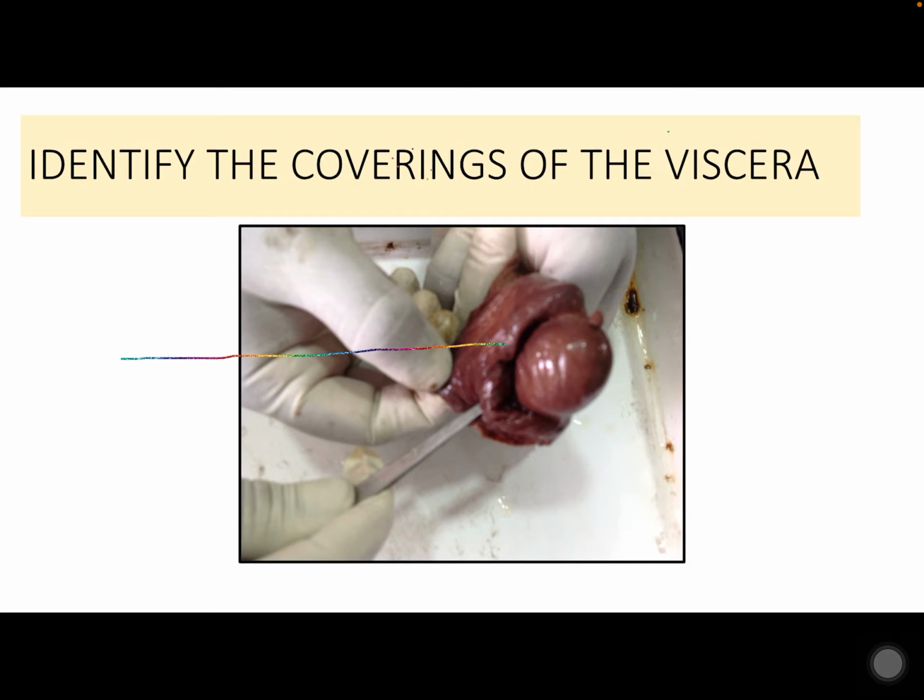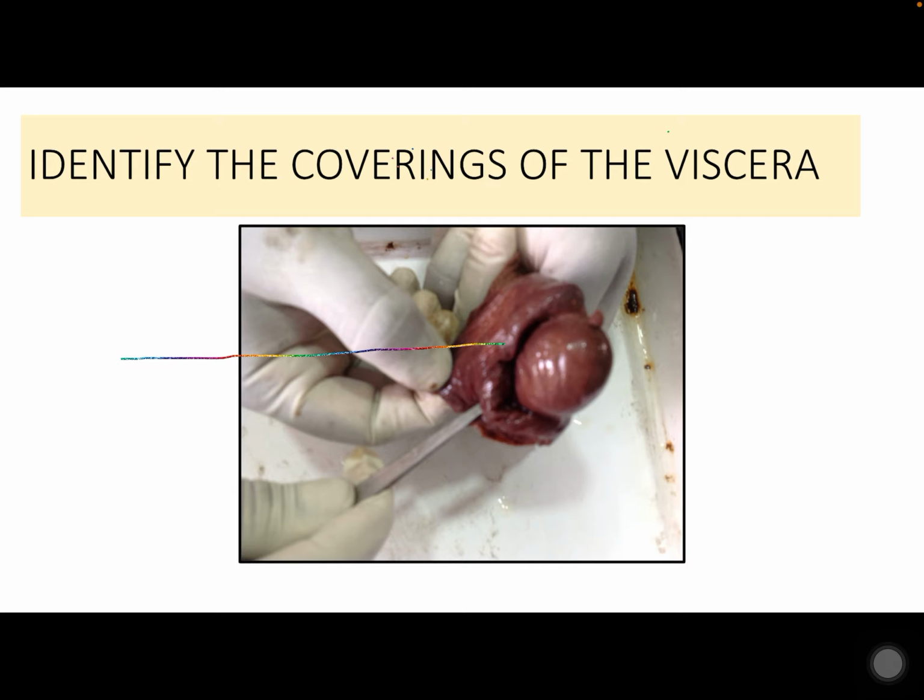So identify the coverings of the testis. So these are the coverings. This is the epididymis and this is the coverings. So the coverings of the testis: the testis will have intrinsic coverings and extrinsic coverings.